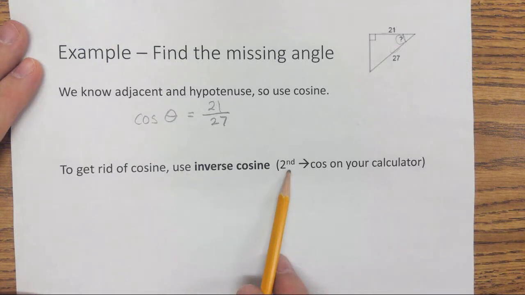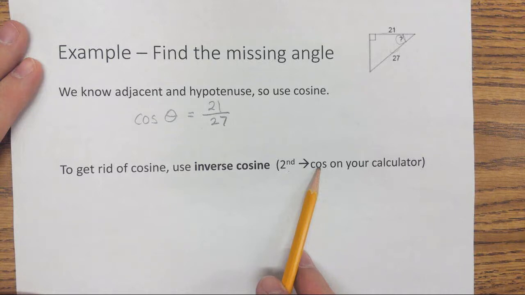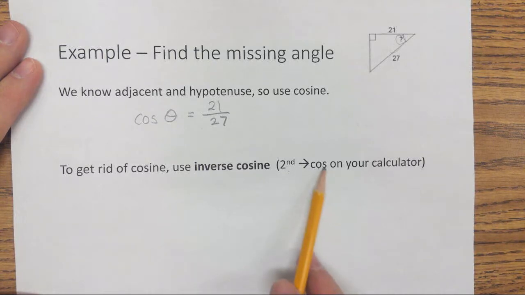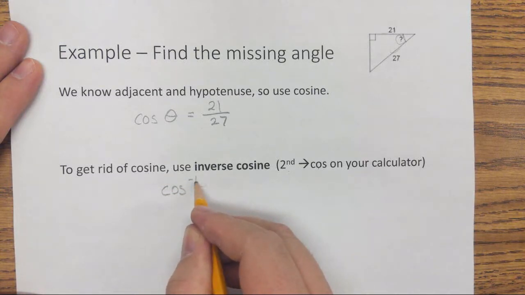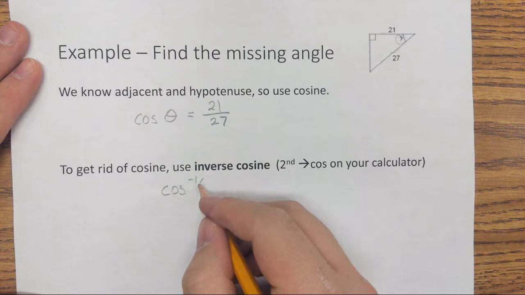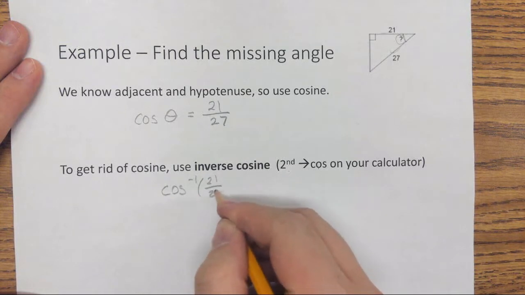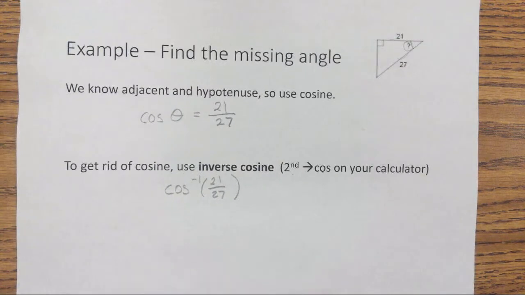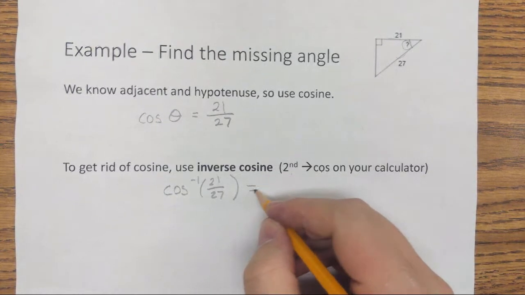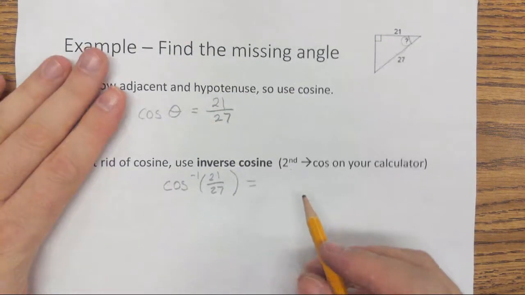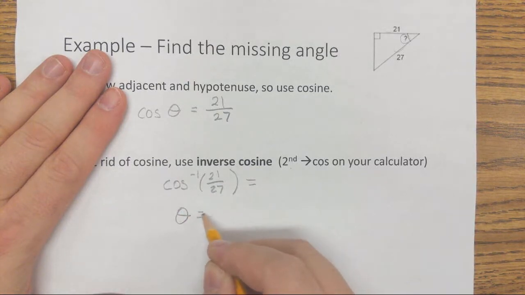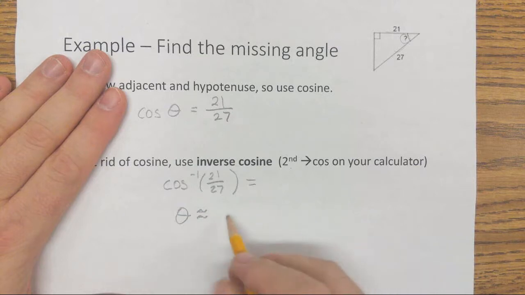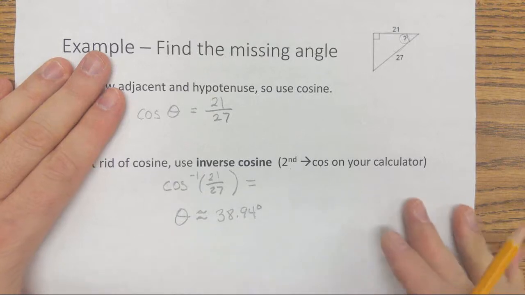So if you hit second on your calculator and then hit the cosine on your calculator, you're going to essentially find this little function. Your calculator is going to pop up like this. And then you just put the 21 over 27 in there. And you're going to get your answer, which is going to be that theta equals approximately 38.94 degrees.